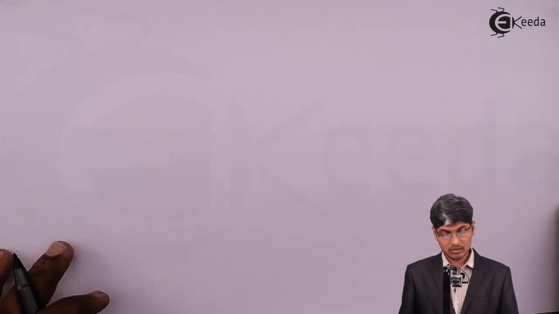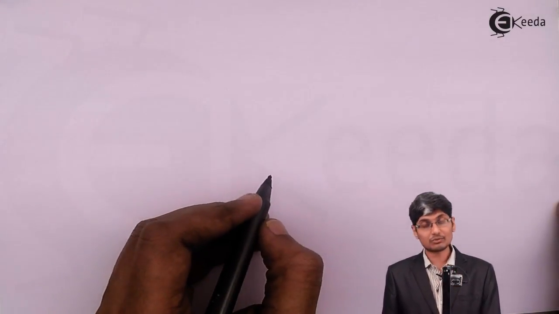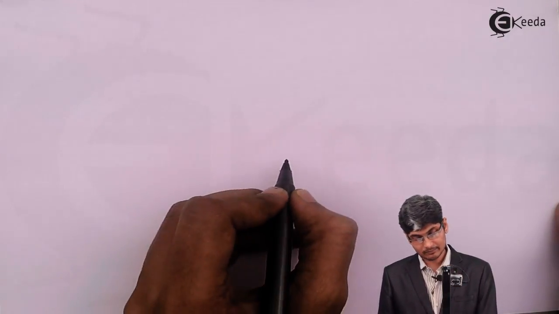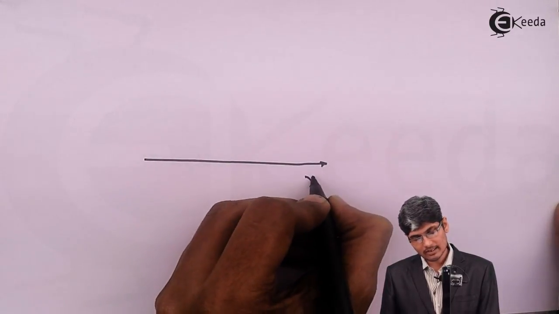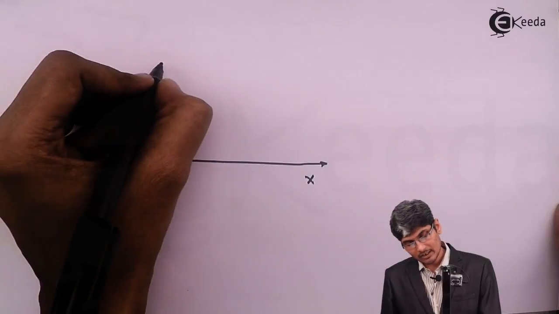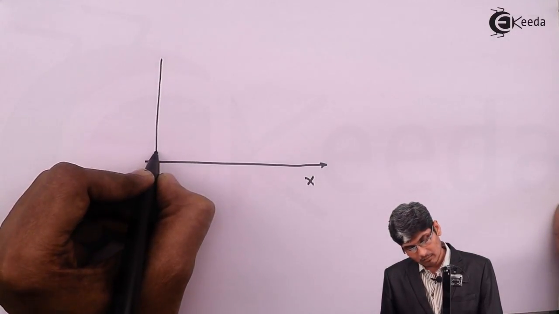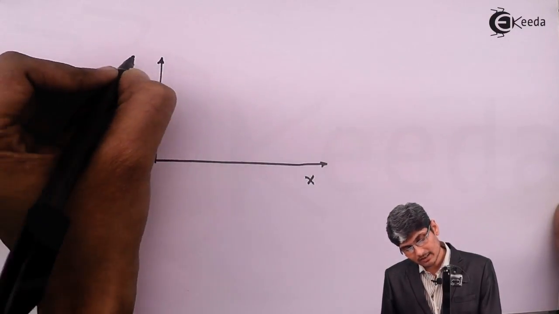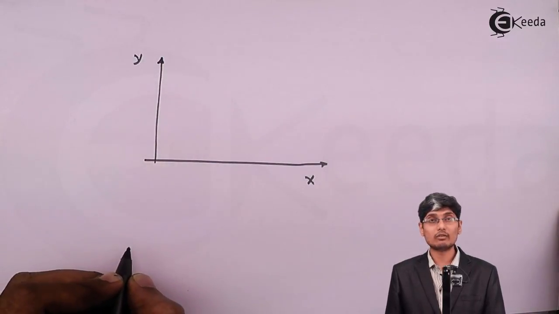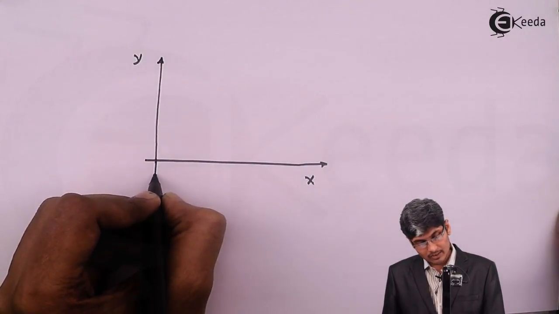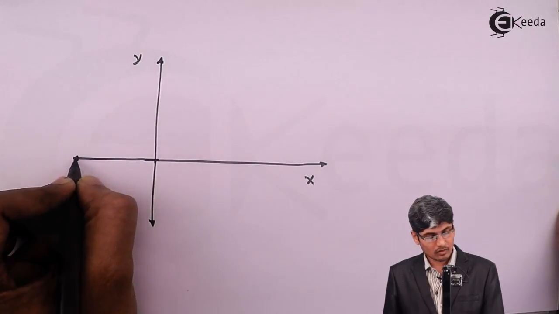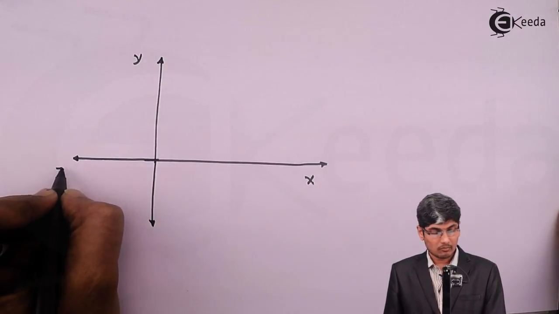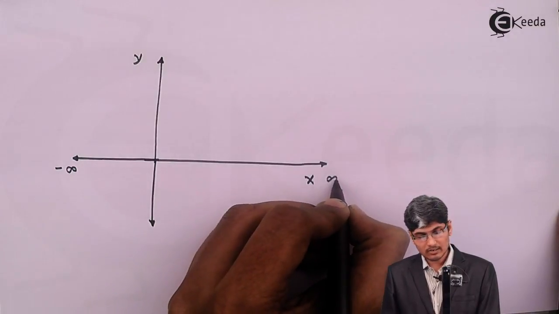In school, we have studied a coordinate system which we called the XY coordinate system, in which we have a real line axis called the x-axis. We have a real number line which we called the y-axis, right? And you can see that these lines can extend from minus infinity to plus infinity.